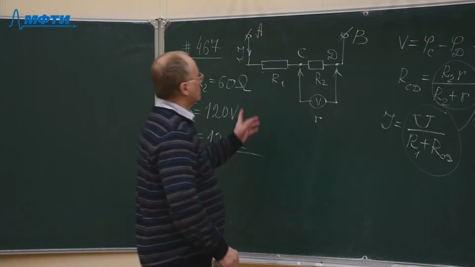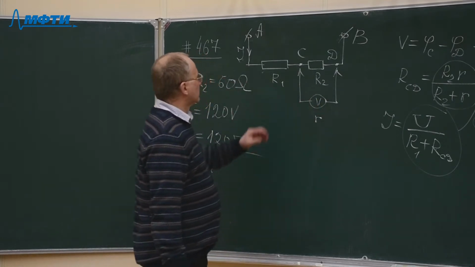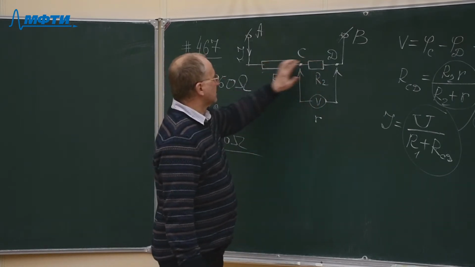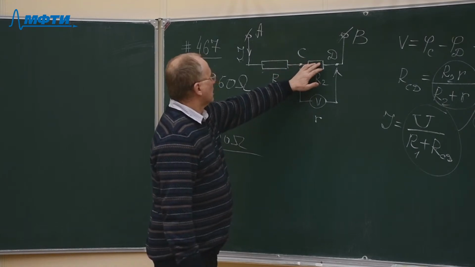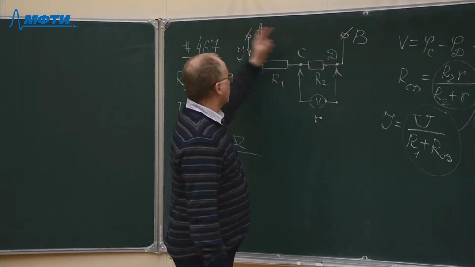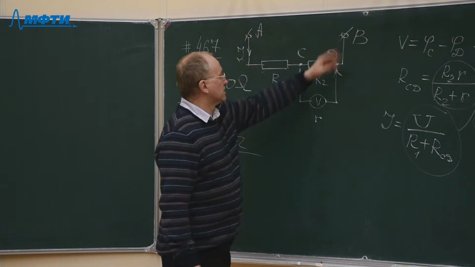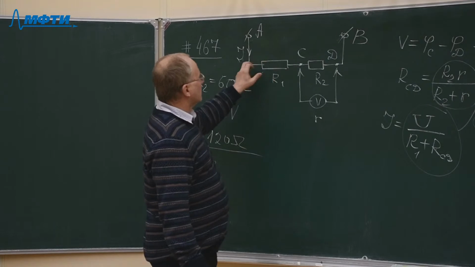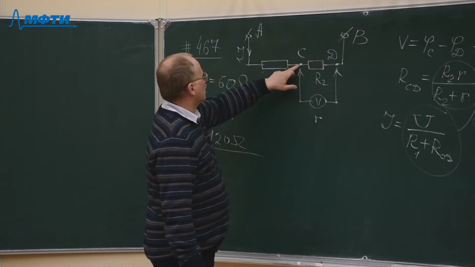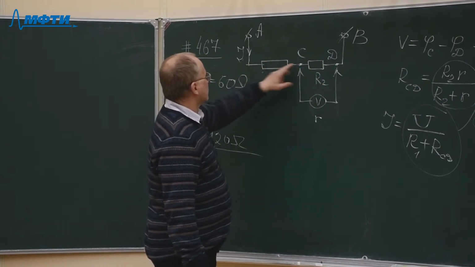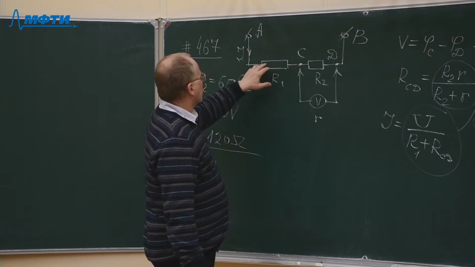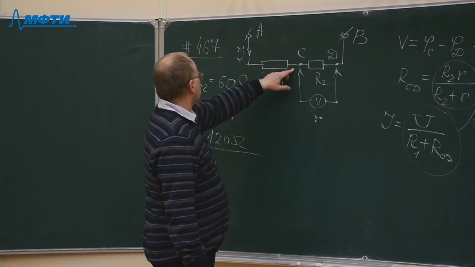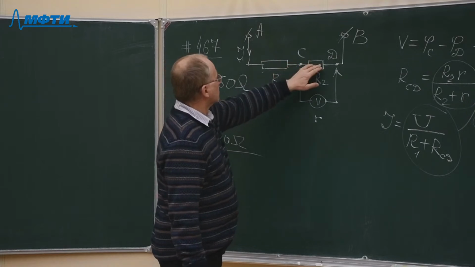So in this particular situation, very simple, when we have two equal resistors and a voltage applied to these two resistors, according to our intuition it must be divided by half. So each resistor should have potential difference 60 volts, 60 here and 60 here.